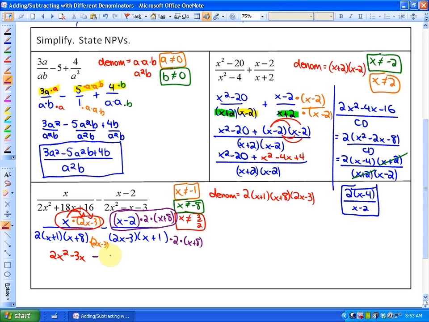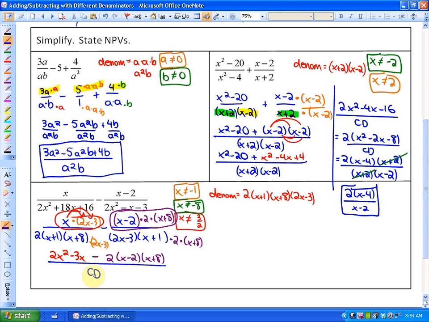So let's start multiplying it very slowly. You have 2 times x minus 2 times x plus 8. Because you have a monomial with 2 binomial factors, you need to choose which 2 of those to multiply first. It doesn't matter which 2. I'll just put it over our common denominator.